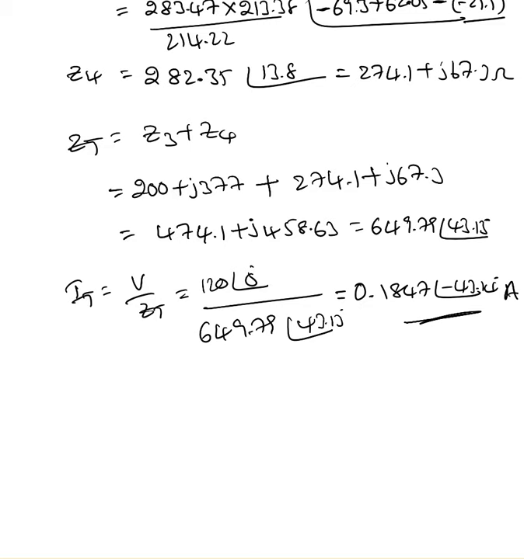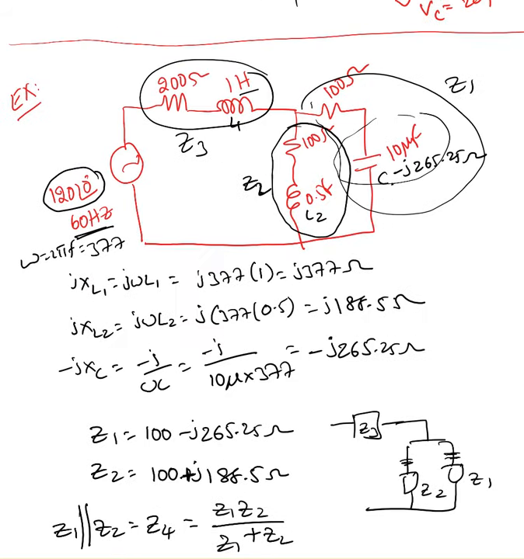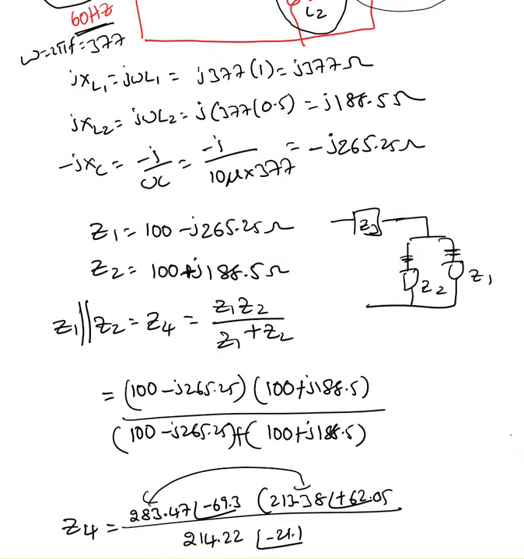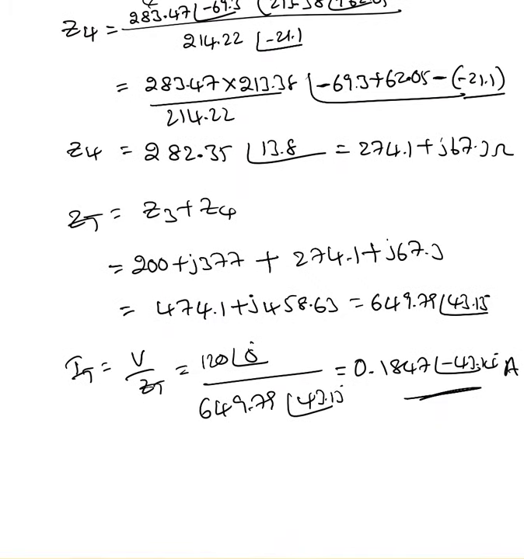That's the current passing through the circuit or supplied by the source. I didn't ask you the current passing through each element. Here, similar to the current division rule in DC circuits, we can use the current division rule and voltage division rule to find the individual currents. Okay, I'm going to stop it here. Thank you.